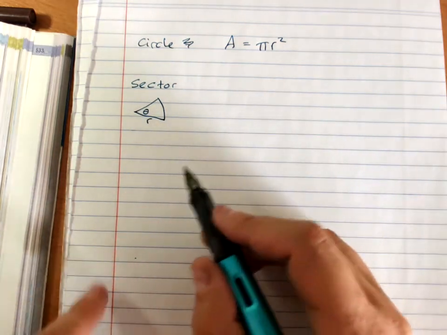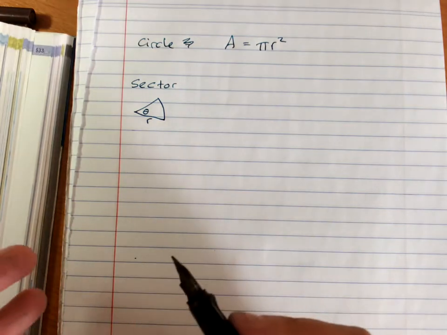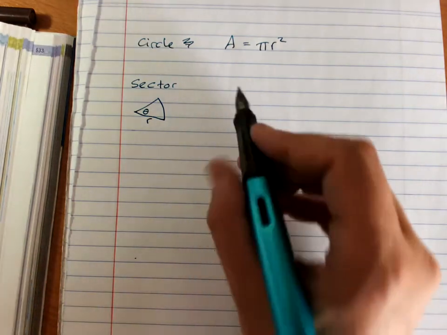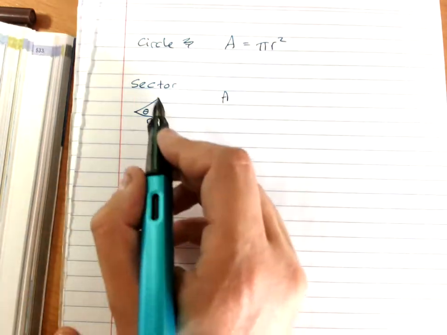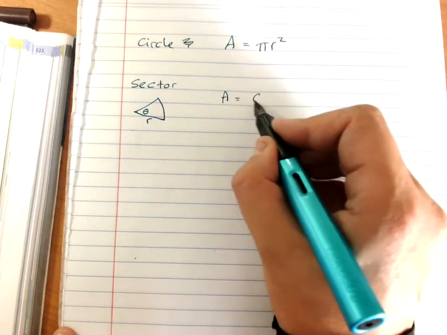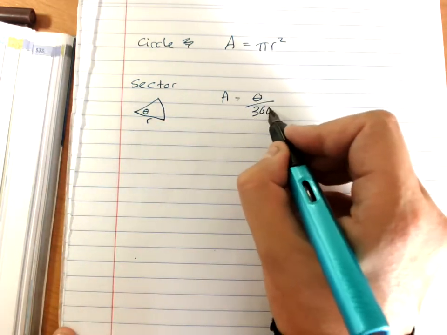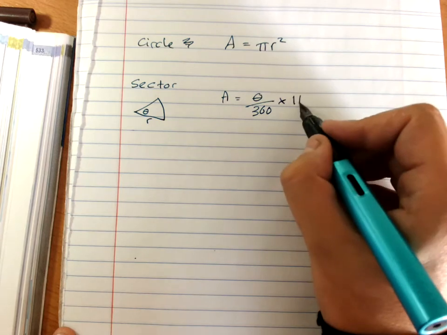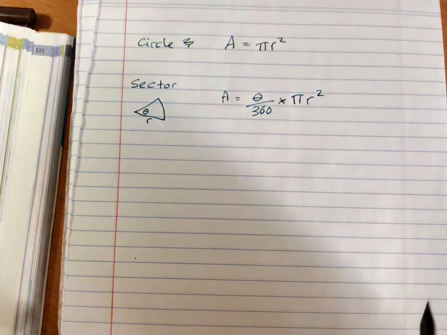In the same way as we need the correct fraction of the circle for the perimeter, we need the correct fraction of the circle for the area. So it's the angle divided by 360 multiplied by the area formula for a circle.